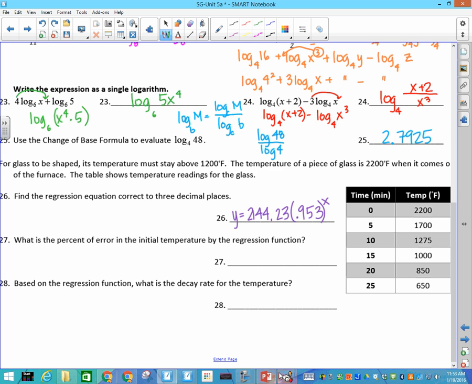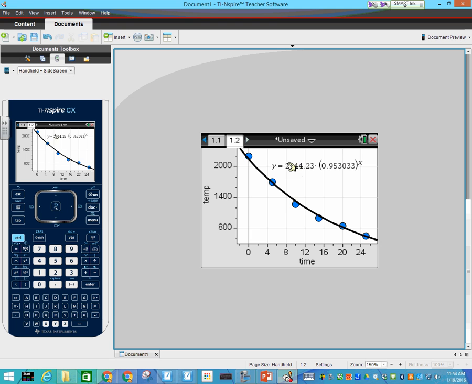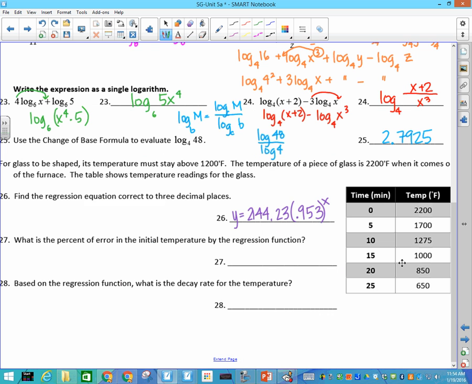Let me go check that real quick. 2144.23 and then 0.953 to the x. Okay? So I have that. That's my regression equation. It's an equation, so it's got to have 2 parts. Y equals. Got to have the variable in your exponent. And I do not have more than 3 decimal places. That one only gave it to us to 2, so you're good there.